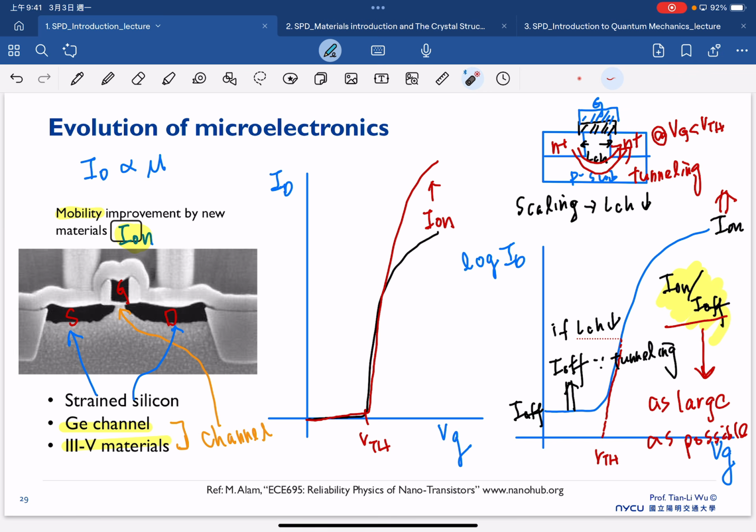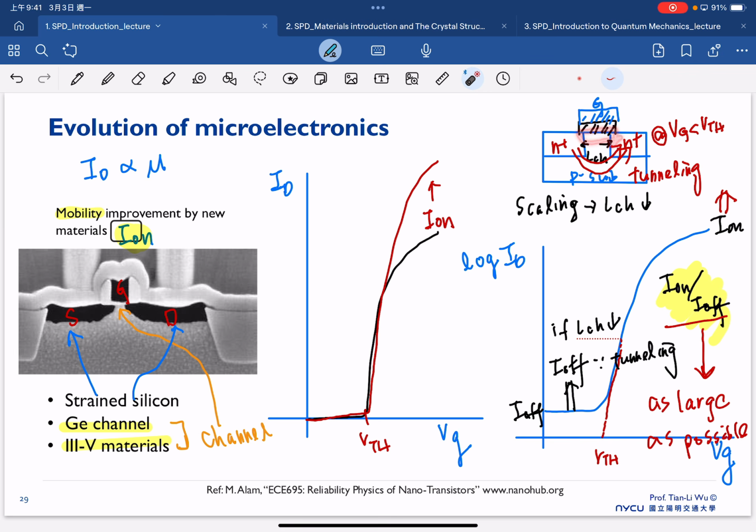So there is a chance that the electrons in the N plus might tunnel through to the drain region, even when our gate bias is smaller than the threshold voltage. As we already explained in the last slide, we only expect electrons in the channel once our gate bias is larger than the threshold voltage.